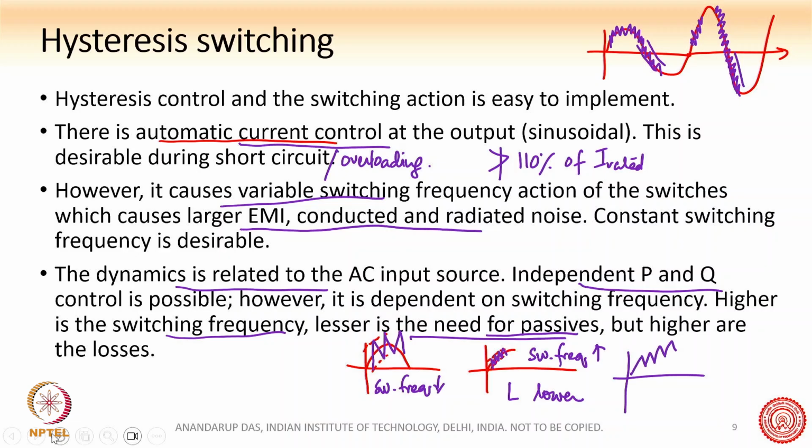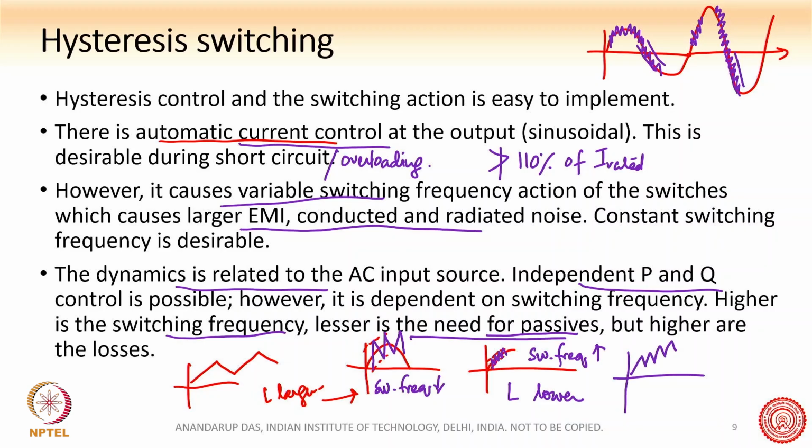On the other hand, if you have a larger value of L, the rise and fall of the current will be slower, right? So if you have a low value of L, your switching frequency is higher; these are inversely proportional. This is also true for any DC-DC converter.